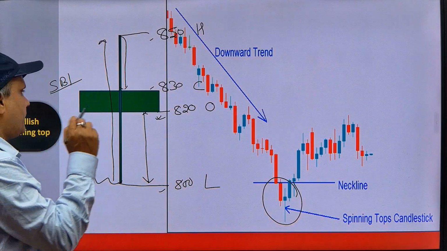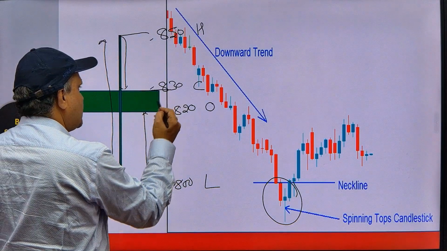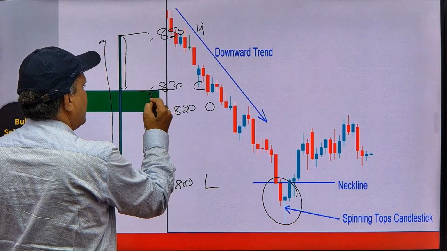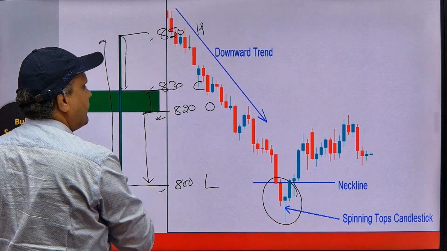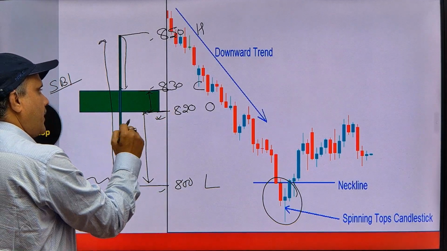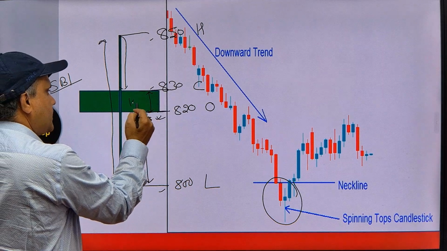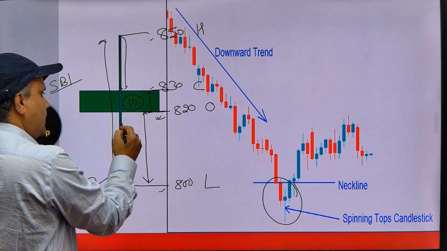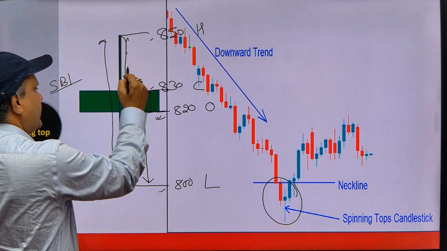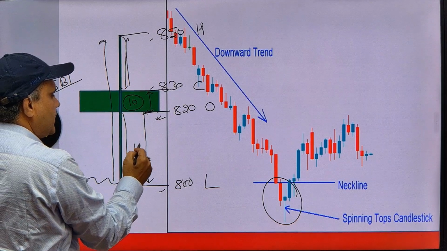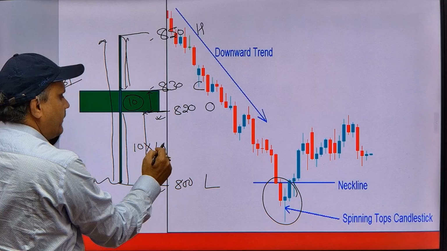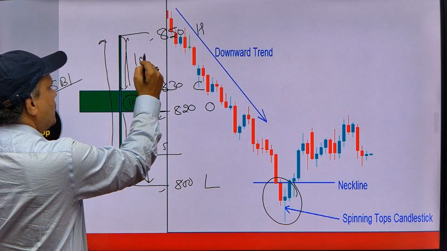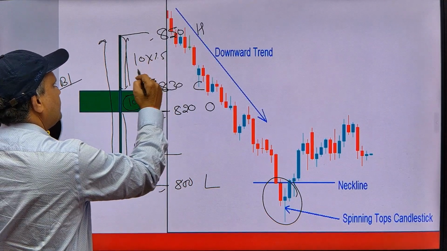Second thing, the difference between closing price and opening price should be lower than the wick. For example, the distance here is 10 rupees. That means the lower wick or upper wick should be at least 10 to 1.5, at least.